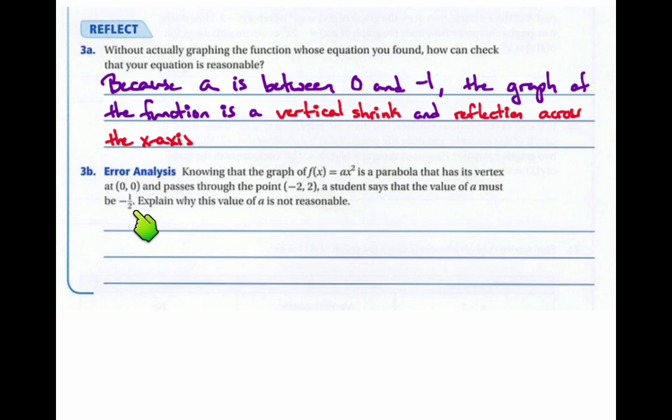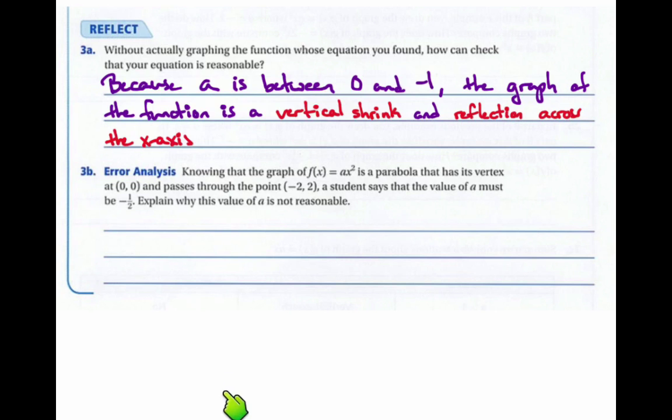We're going to think about, well, if it's -1/2, then we should have a vertical shrink and a reflection across the x-axis. So if we just picture that in our mind, we've got our x and y axes, and it should be opening downwards, shrunk. Well, that's not going to ever hit -2, 2, is it?